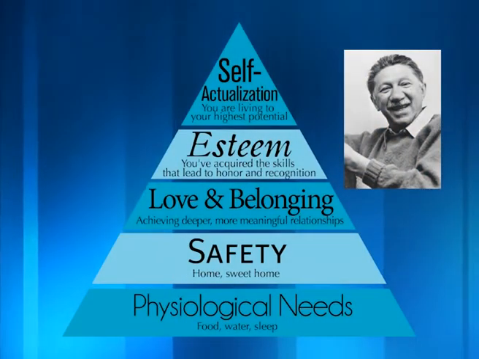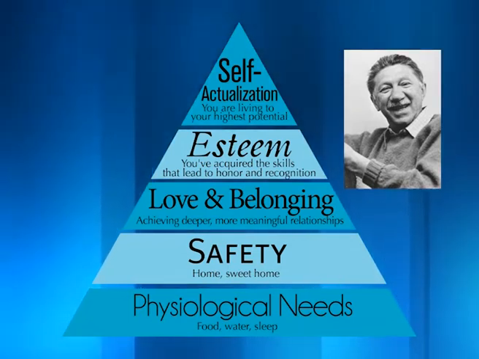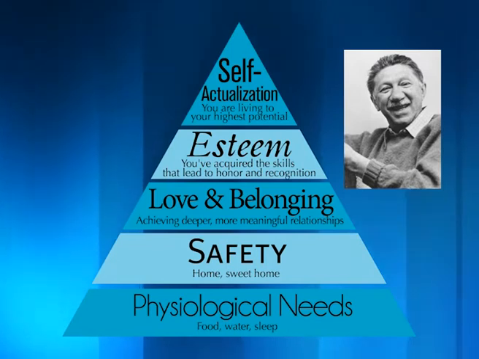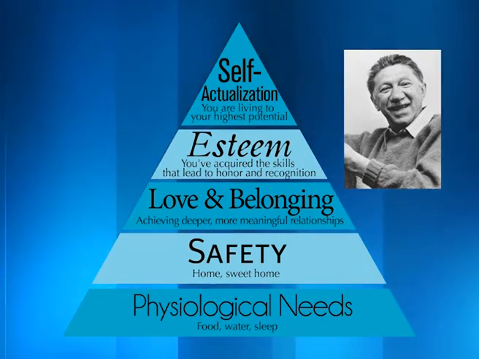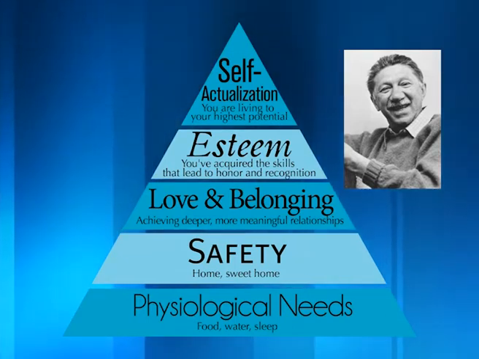Maslow's needs pyramid starts with the basic items of food, water, and shelter. These are followed by the needs for safety and security, then belonging or love, self-esteem, and finally, personal fulfillment.